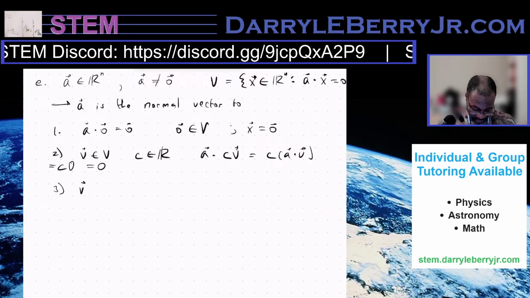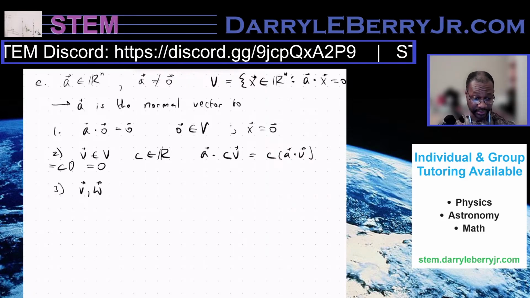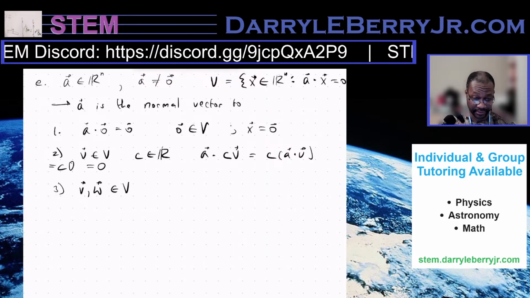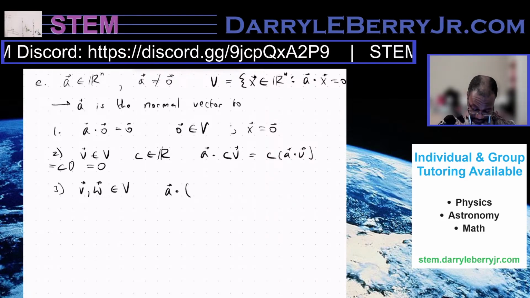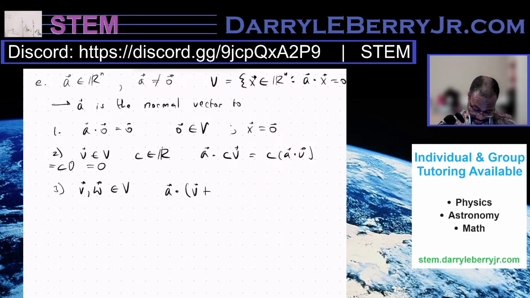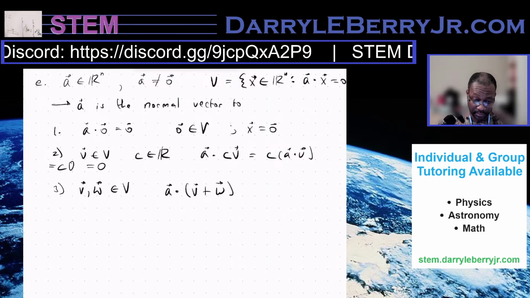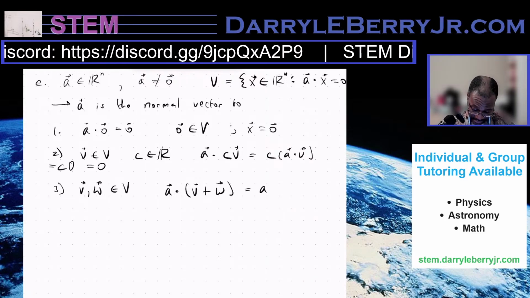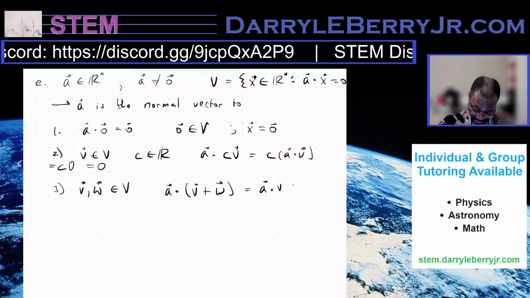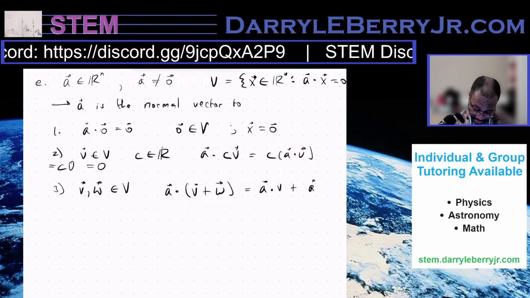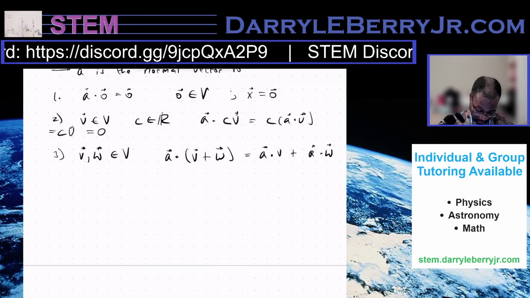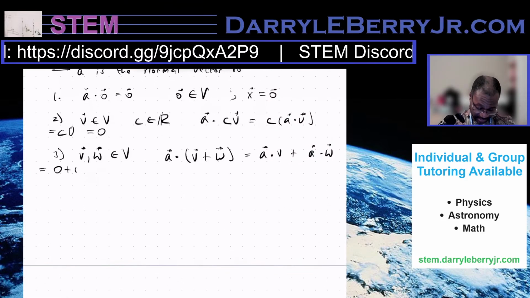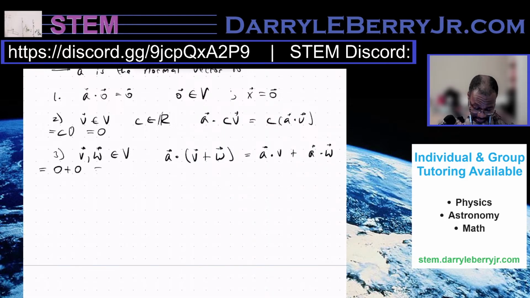So V and W are in the vector space. A dot (V plus W) equals A dot V plus A dot W, equals 0 plus 0 equals 0.